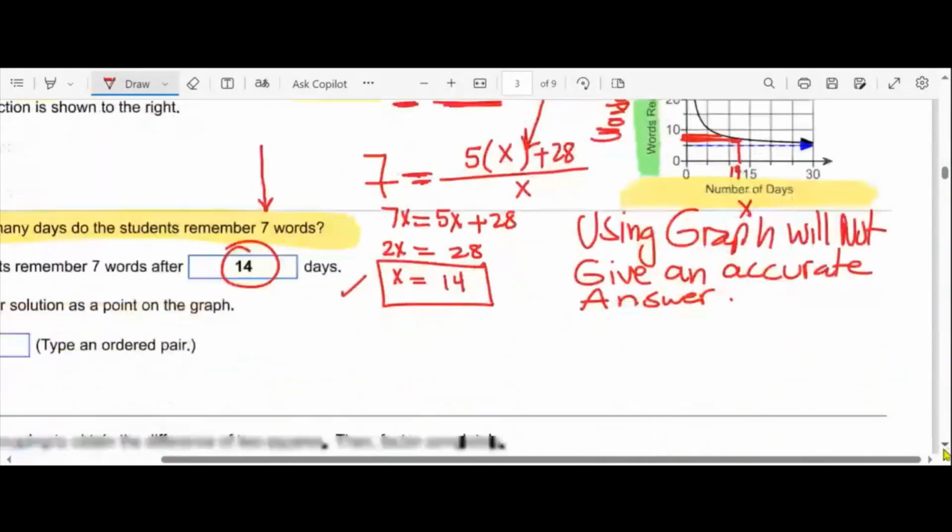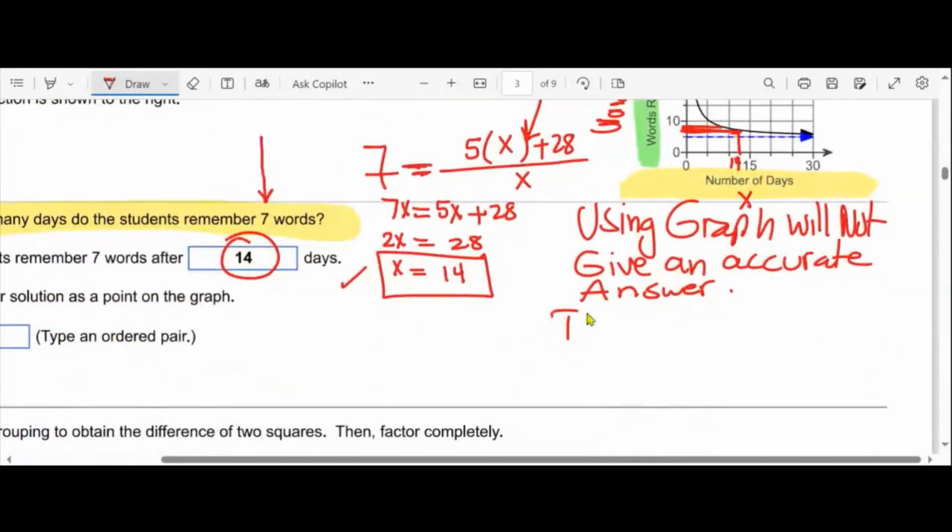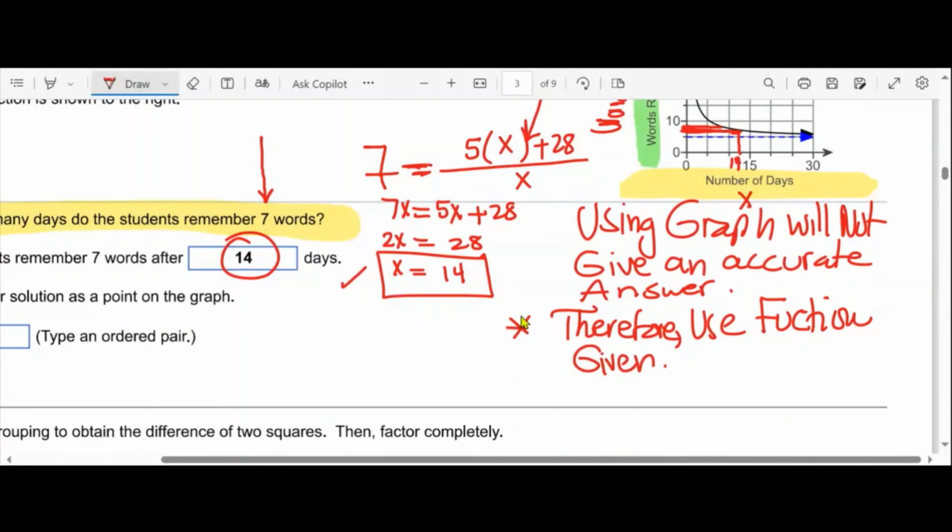So in this case, what should I do? Therefore, use the equation of the function given. Is this clear, Mohammed? Yes.